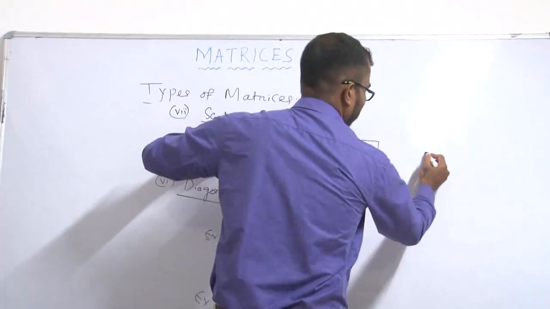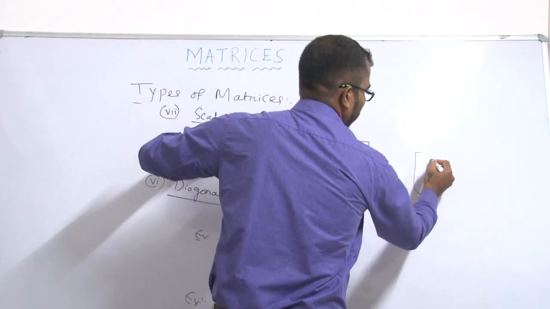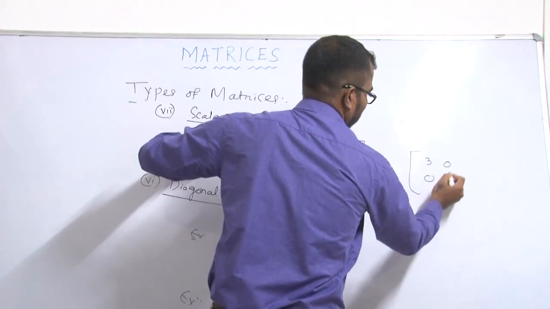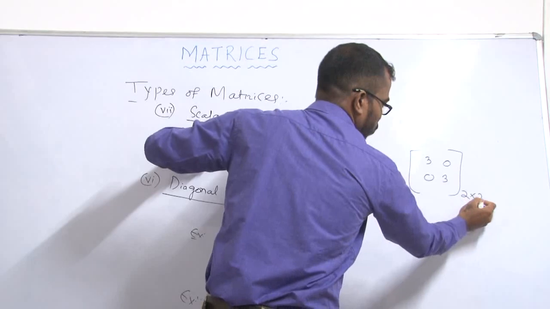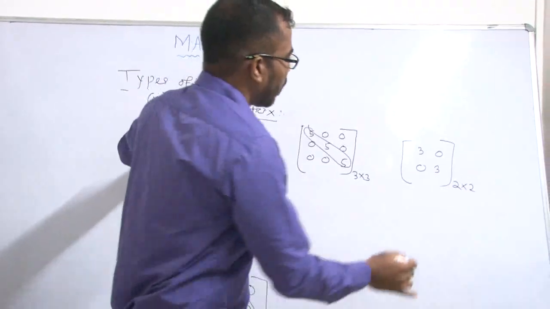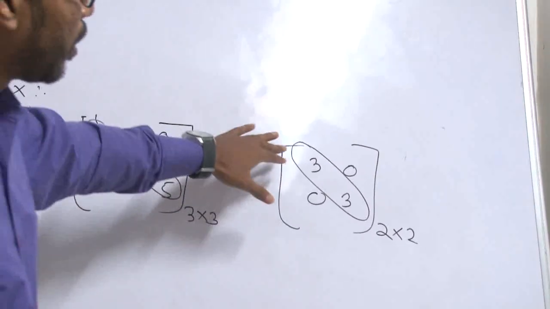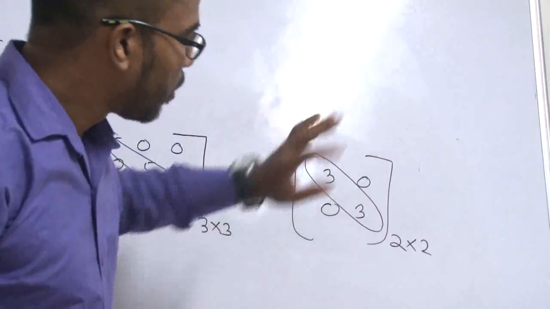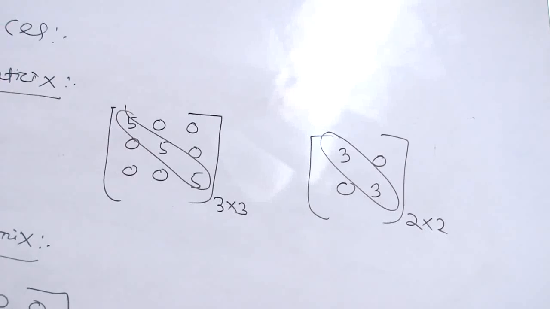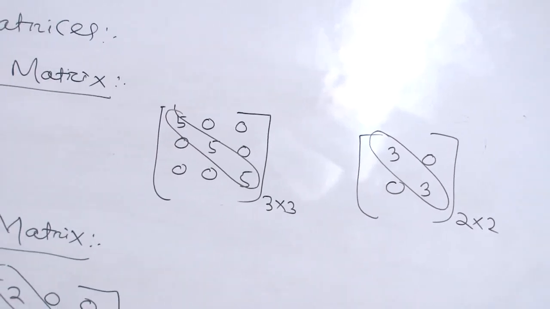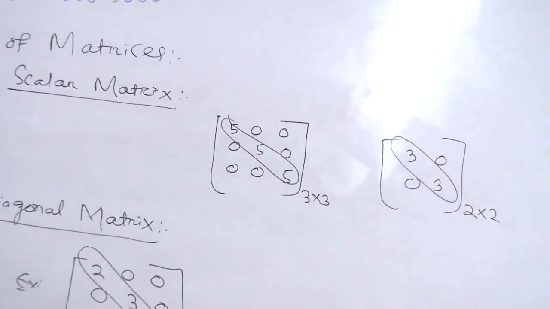We take another example, 3 0 0 3. It is also a square matrix and its main diagonal elements are equal or same and other elements are 0. So these are examples of scalar matrix.